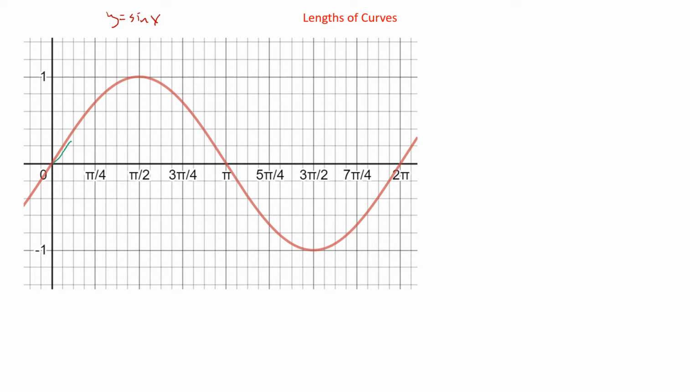So we'll find this little length, and then this length, and then this length, all the way down. And notice they're not all perfect because we don't have straight lines. But remember, as we zoom in, it becomes locally linear, so we do have a whole bunch of little tiny straight lines. We just have to zoom in so it's infinitesimally small.